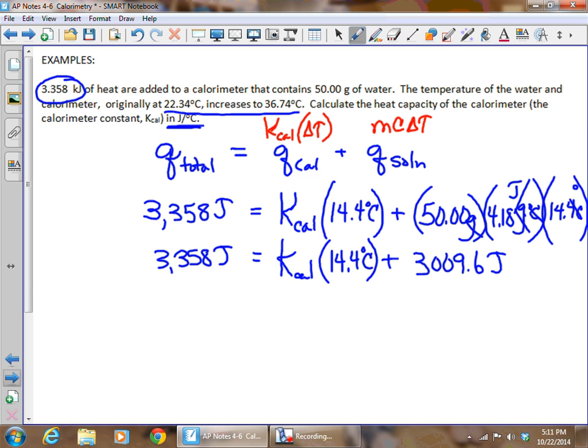Adding or subtracting from both sides, when I subtract that from both sides, I end up with 348.4 joules equal to the calorimeter constant times the 14.4. So remember, all I did was subtract the 3,009.6 from both sides.